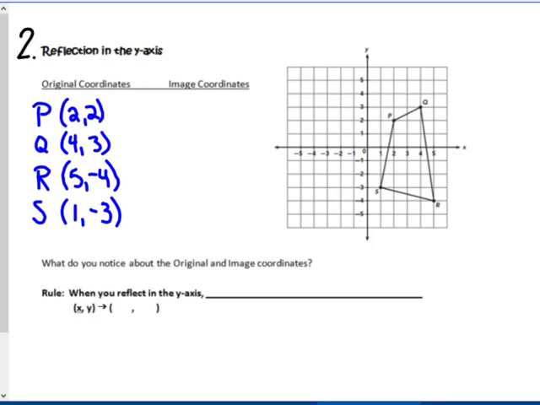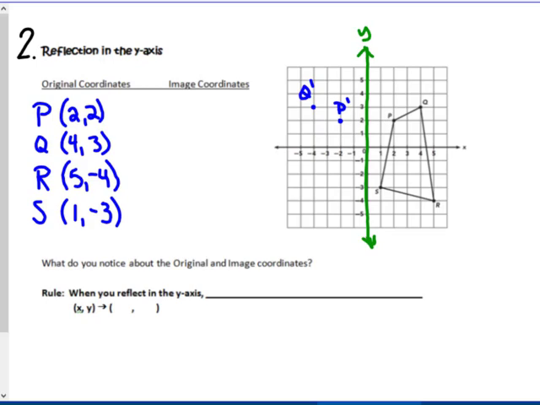So now the y-axis is our line of symmetry here, folding the paper hot dog style kind of idea. So reflecting over the y-axis, P becomes 2 to the left, so P's image. Q, which is currently 4 to the right, comes over here and becomes 4 to the left, equally distant and perpendicular.